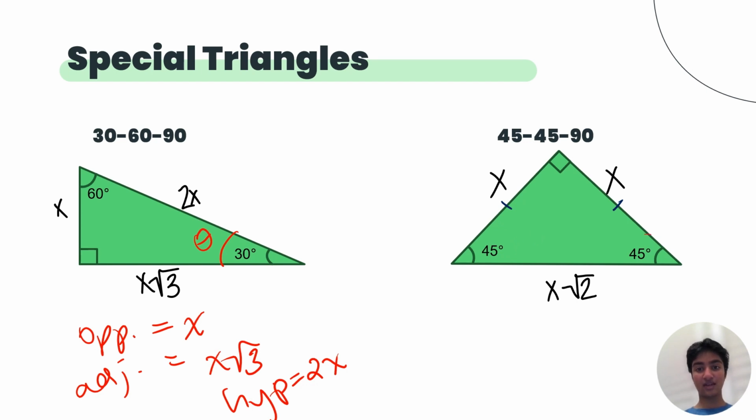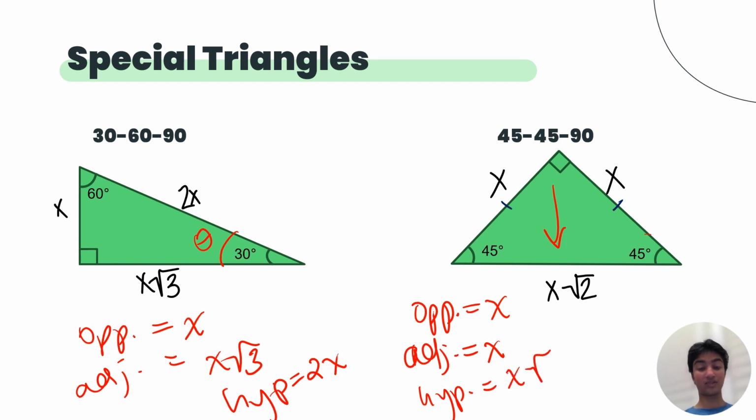So then the side opposite and the side adjacent will be the same value. So it'd be x and x, no matter which side you go off of. Opposite equals x, adjacent equals x. Hypotenuse, the side opposite to the 90 degrees, is x root 2.